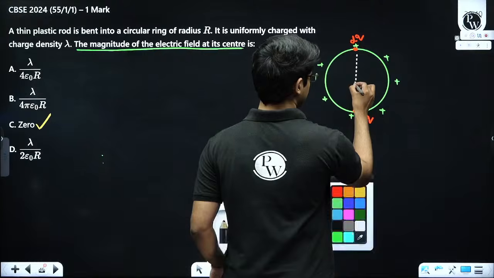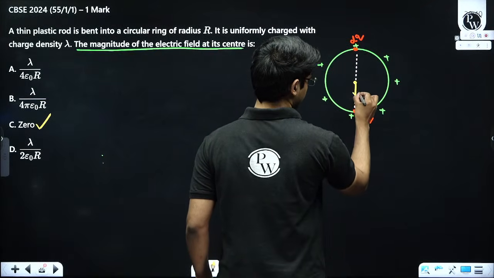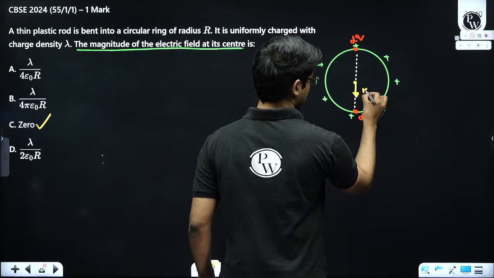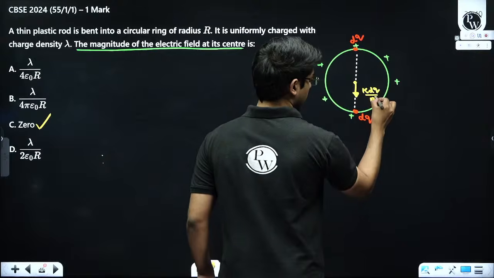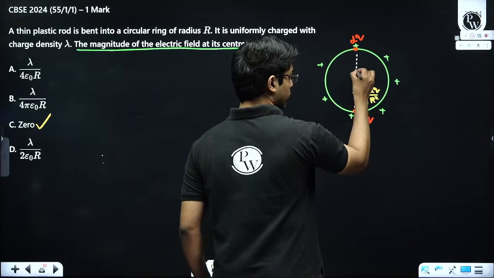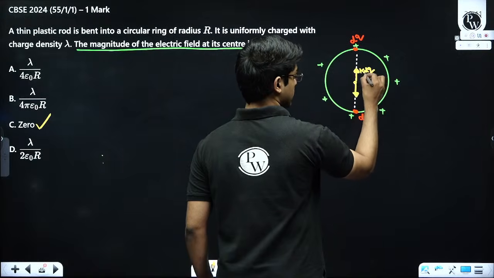This is the center. Due to this dq, the field will be in the downward direction, k dq by r square. And due to the other dq, it will be upwards, k dq by r square.